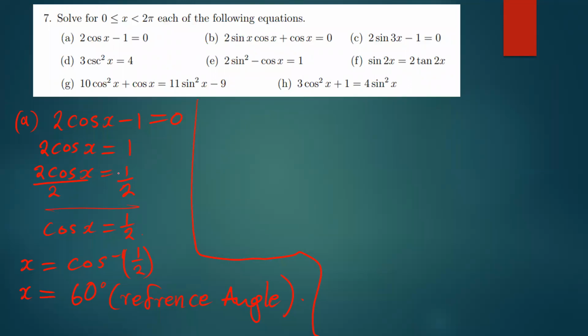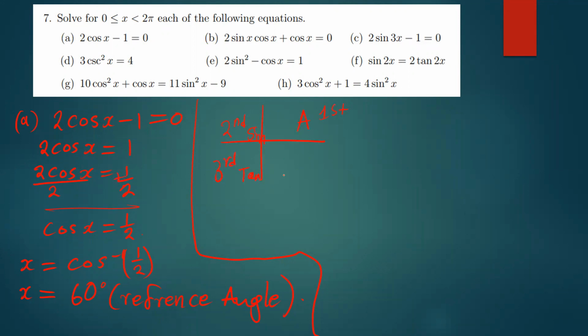You look at the sign of what you have this side. We have positive half this side. We have 4 quadrants. We have the first quadrant where all the trig ratios are positive. Then we have the second quadrant where only sine is positive. Then we have the third quadrant where only tan is positive.